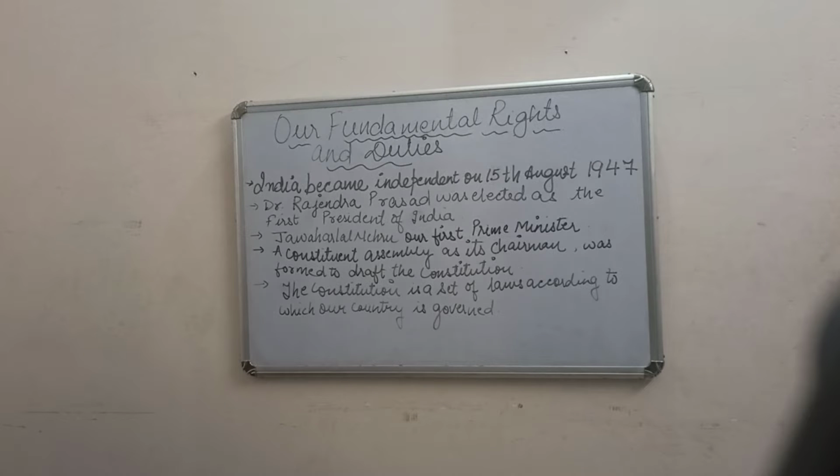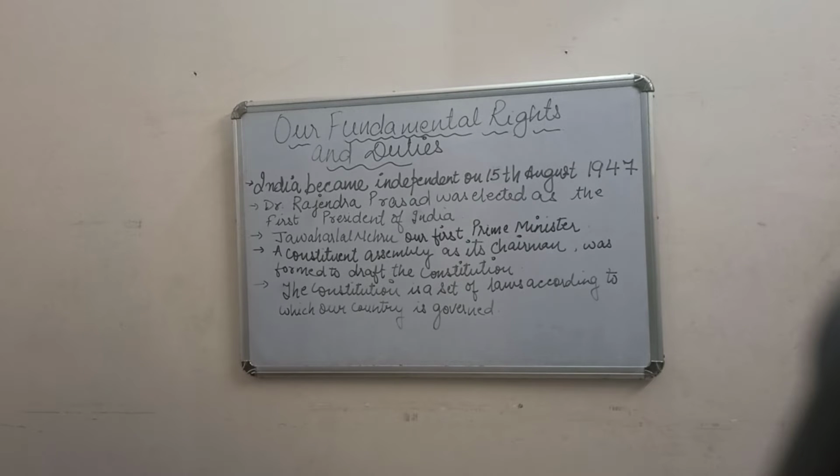Children, you all know that India was under British rule, and finally India became independent on 15th August 1947. Dr. Rajendra Prasad was elected as the first president of India, whereas Pandit Jawaharlal Nehru was our first prime minister. Then it becomes very important how the country should be controlled.